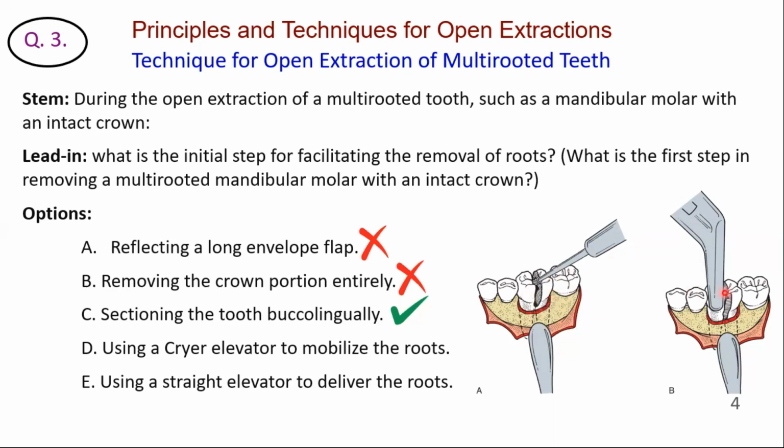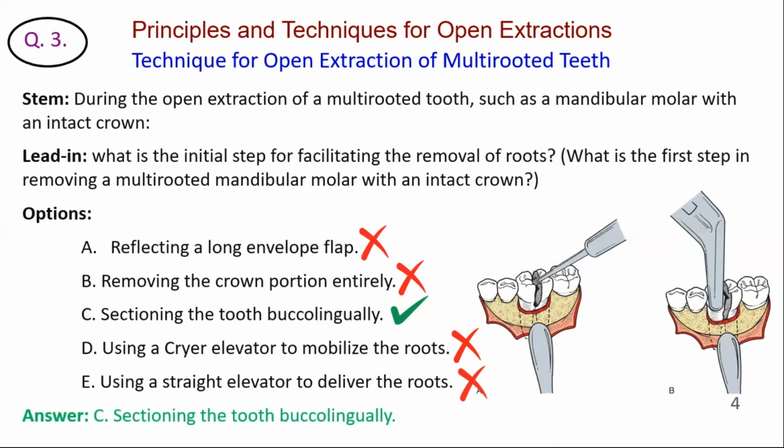Lower universal forceps are used to remove the crown and root portions separately. So each portion of the crown and root is removed separately, that is the mesial and the distal portion. Used later in the process to remove individual roots, used after sectioning and mobilization. So the correct answer is C.